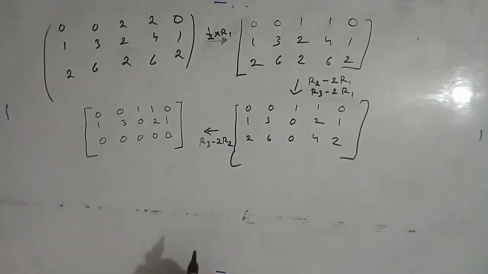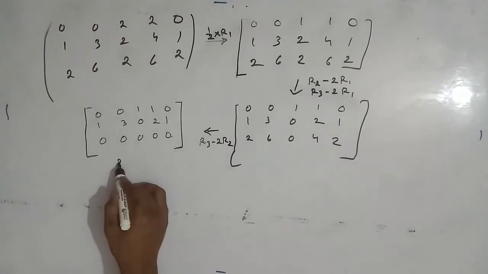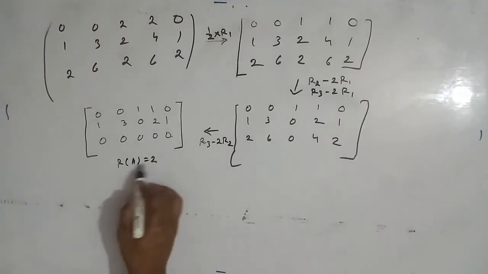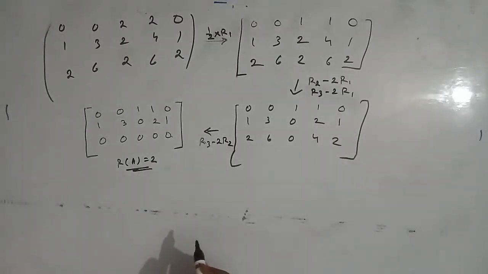So this is our required row reduced matrix, and if we want to find a rank from this, we can tell that rank of A will be 2.